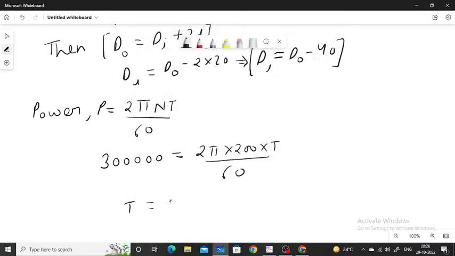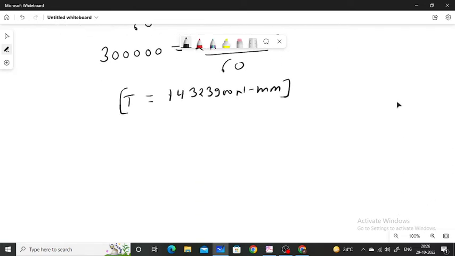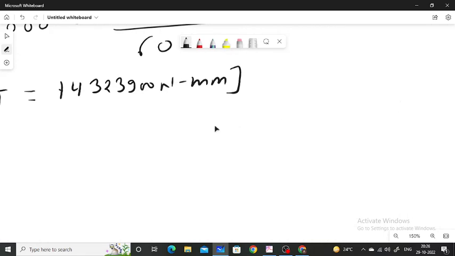So torque will be equal to 14323900 Newton mm.